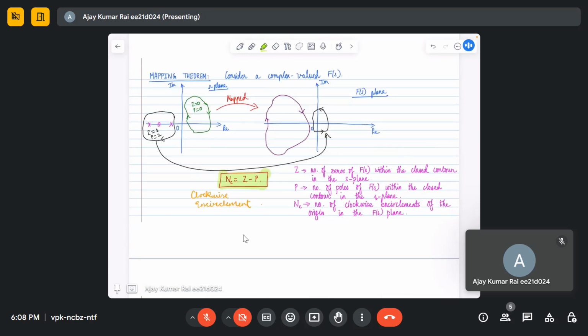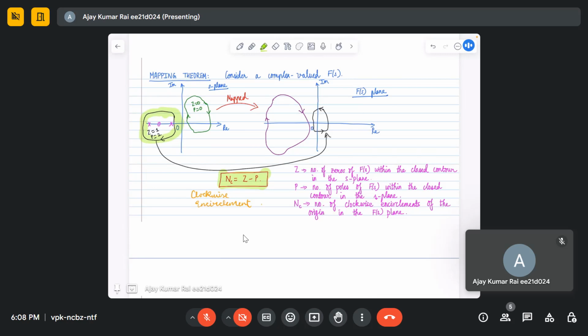If you see the black contour here, it has one zero and two poles. Correspondingly, NC is equal to 1 minus 2, which means NC is equal to minus 1.